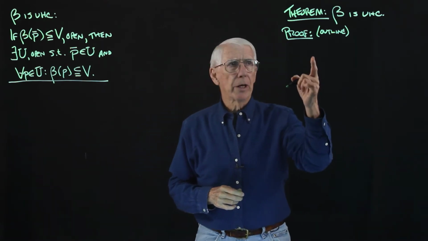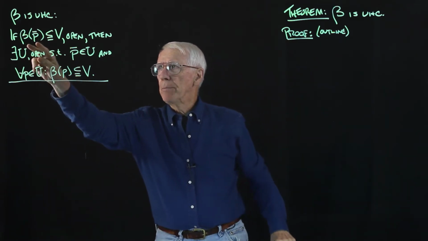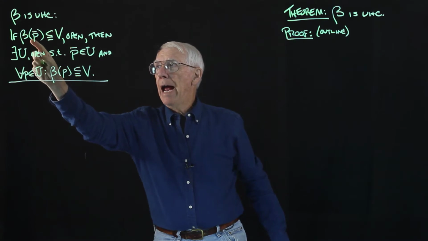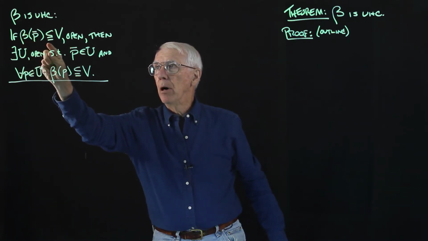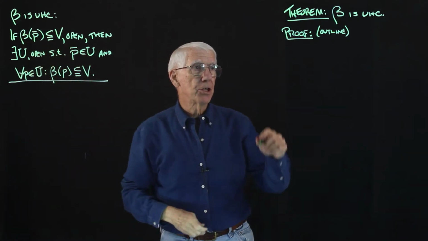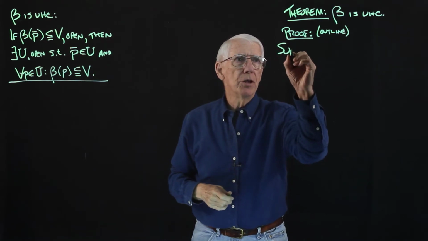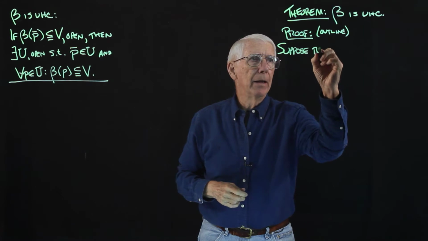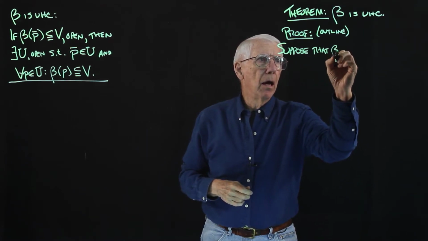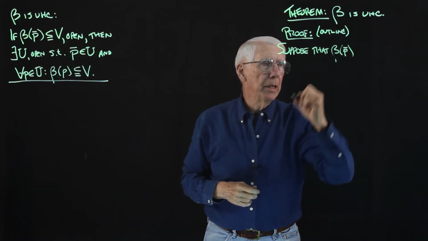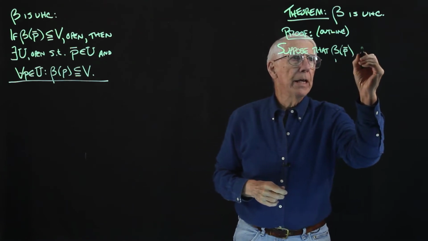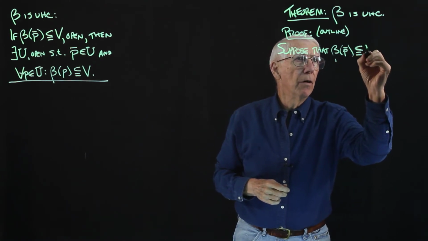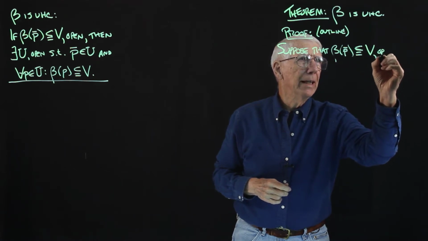So, of course, we want to start off the proof by saying, suppose that we have a price list P bar at which beta of P bar is a subset of an open set. So let's suppose that beta of P bar is indeed a subset of an open set V.